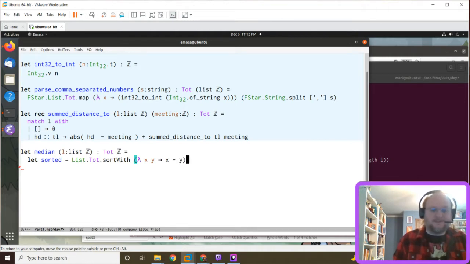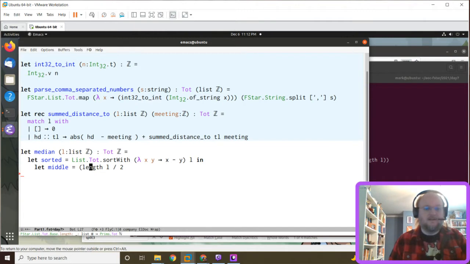I don't care which one it is, I think. All right, we're going to make an off by one error here. Length L. So if it's a 3-element list, this gives us 1. If it's a 4-element list, this gives us 2. That sounds right.